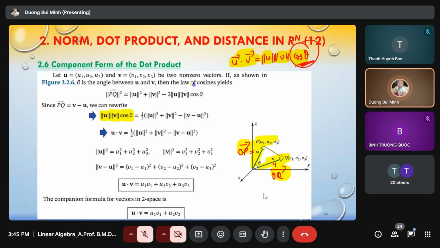If we apply the law of cosines, we know how to calculate the vector BQ. The norm of vector BQ squared is the norm of U squared plus the norm of V squared minus 2 times the magnitude of U, the magnitude of V, and cosine theta.